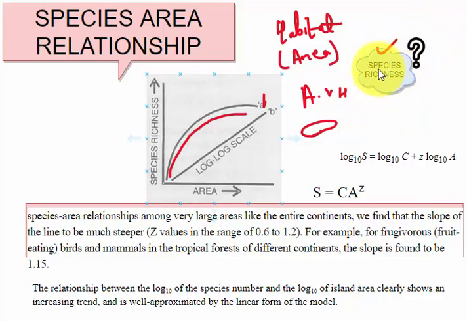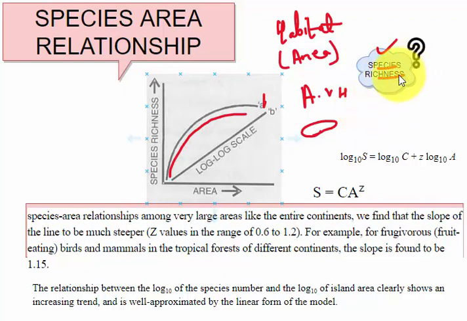Species richness means the number of species in a particular area, and species evenness refers to how close the numbers of each species are to each other, or how evenly the individuals are distributed among the species.